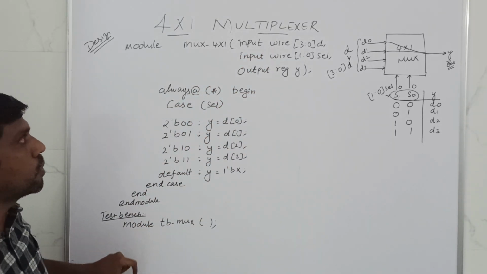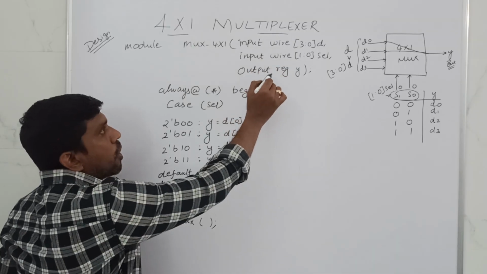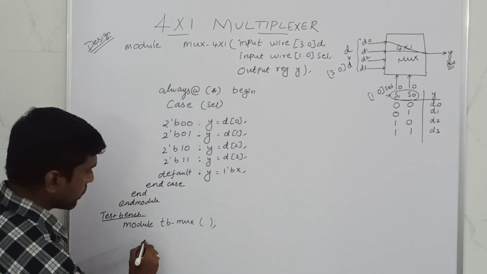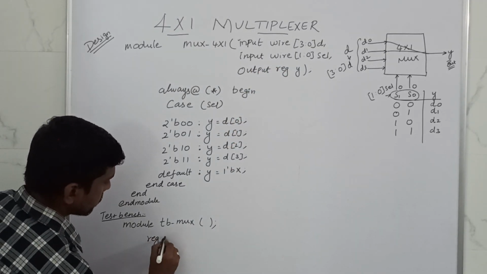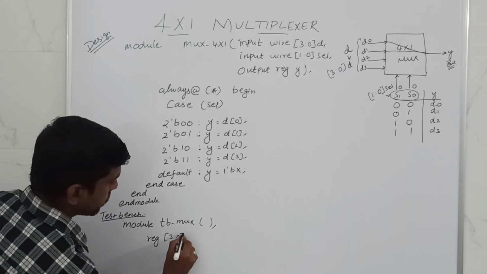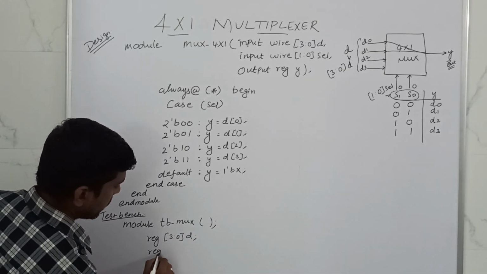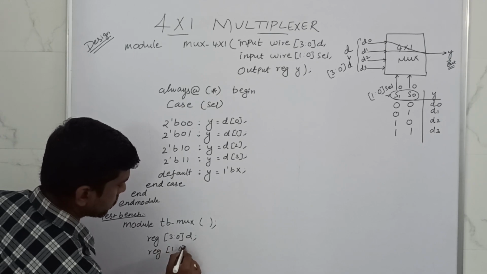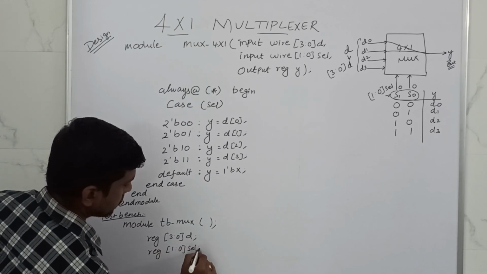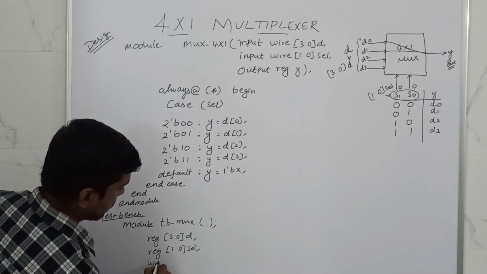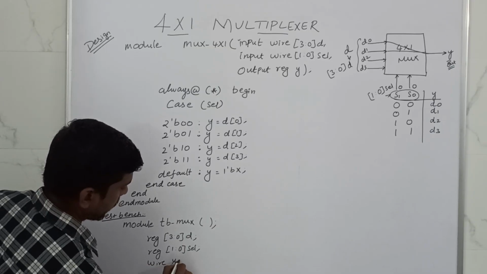But in the testbench code, input is declared as reg and output is declared as wire. So reg [3:0] D, then reg [1:0] selection, then wire Y.